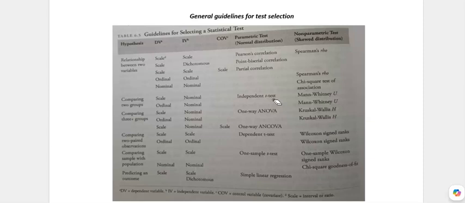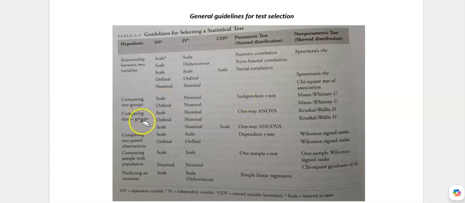When your independent variable has two different groups, you can use the independent t-test. For instance, between men and women about their GPA, you will know by the independent t-test whether women have a higher GPA than men. And you are comparing the two groups.